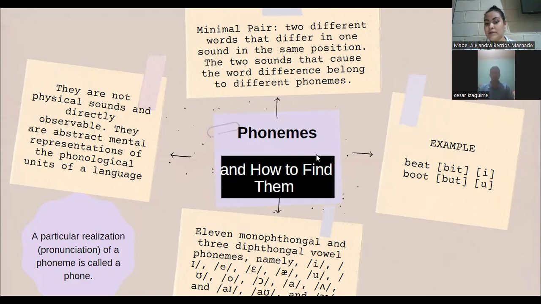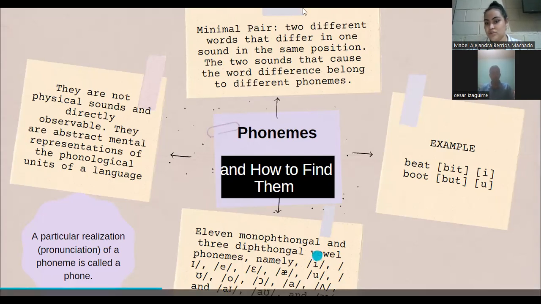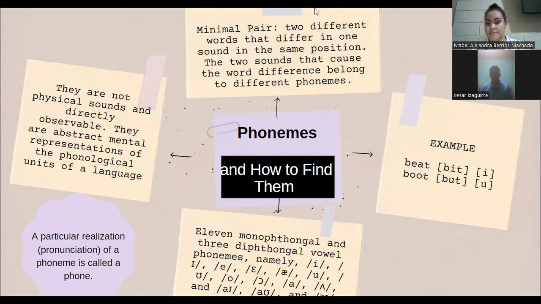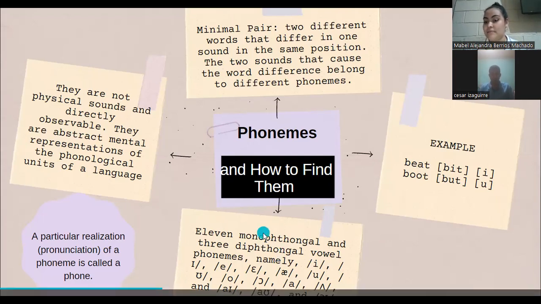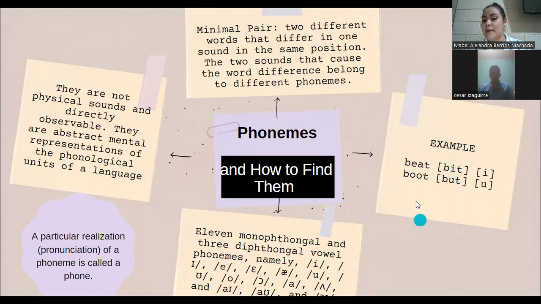They are abstract mental representations of the phonological units of language. So we cannot see them, we can only listen. We say there are 11 monophthongal and 3 diphthongal vowel phonemes, and here we have some examples of that. Here we have two words like bit and but, and how we need to pronounce them.